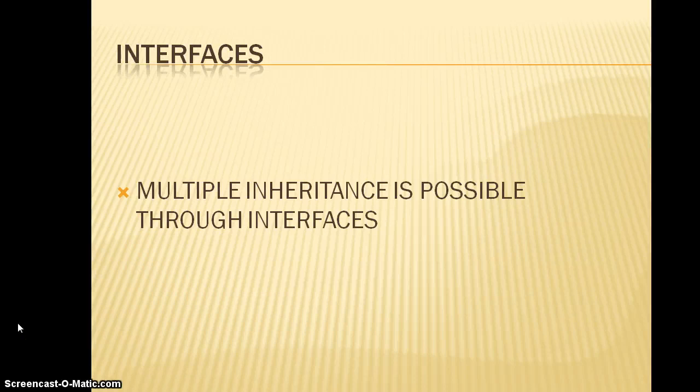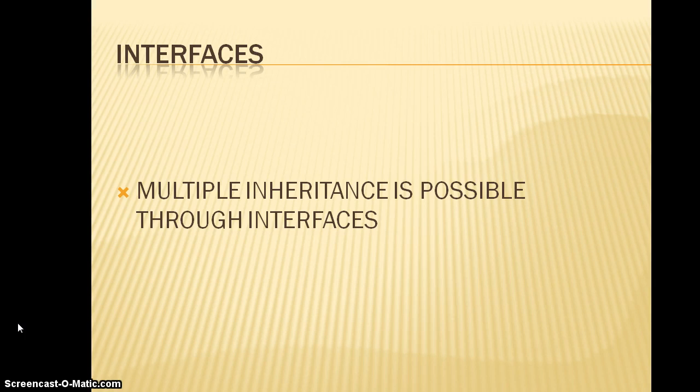Interfaces are the ones which allow multiple inheritance. So multiple inheritance is possible through interfaces. Interfaces are like classes, but the only thing is that the methods are only declared, not defined. Like if we have a class, say calculator, we have the methods add, multiply, divide, subtraction.